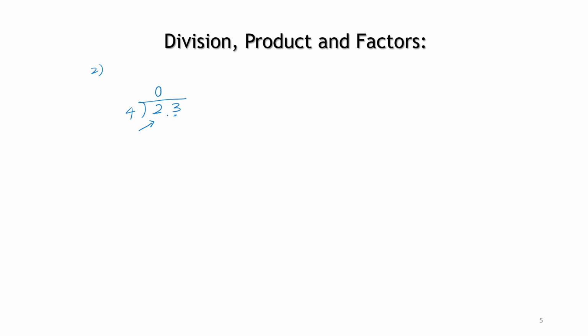So now it becomes 23. 23 is greater than 4, so you can divide it. 4 5s are 20. 3 is the remainder and 5 is the quotient. Got it? Let us move on to the third example.